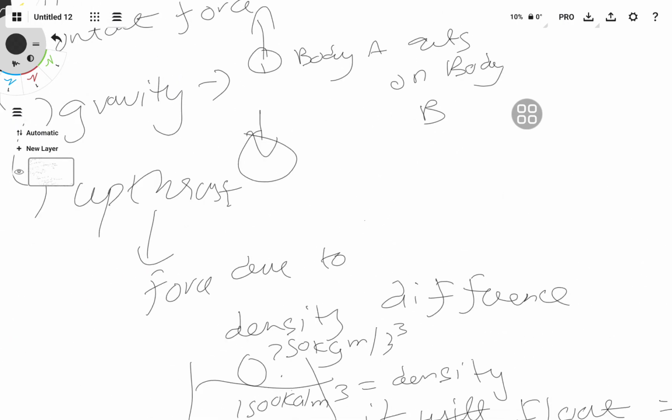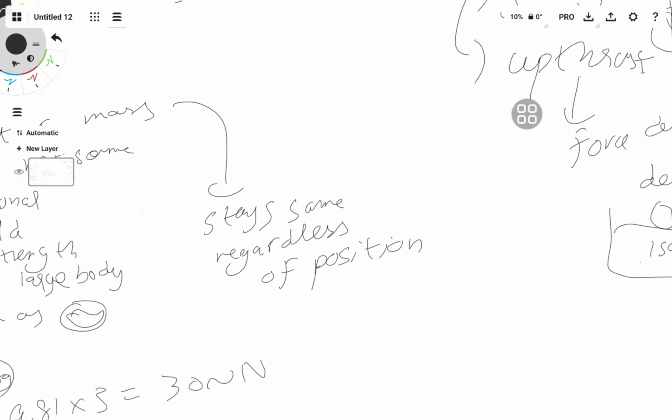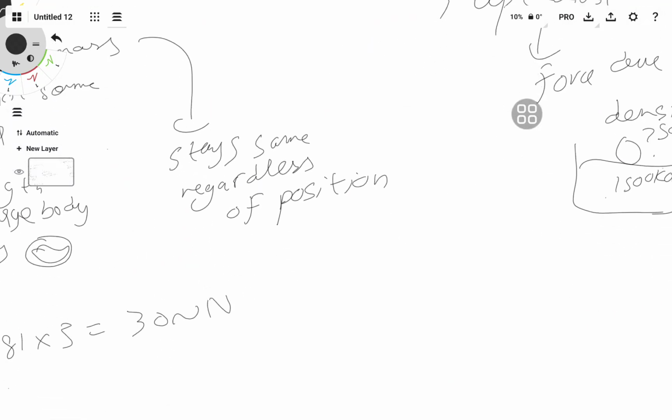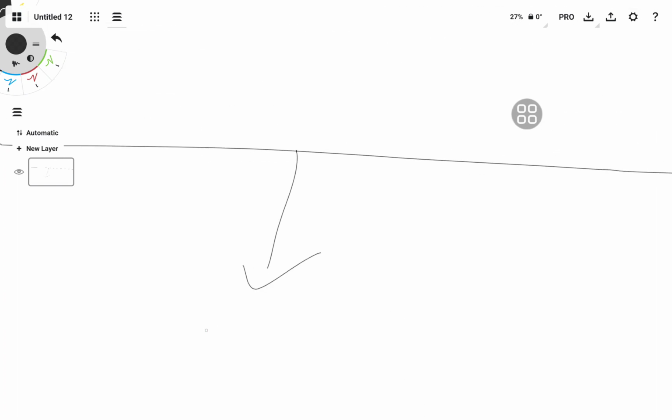So this is about contact forces and upthrust. Let's talk about momentum, which is related to these things. Sorry if I am being very awkward, I'm just trying to get as much done as possible.